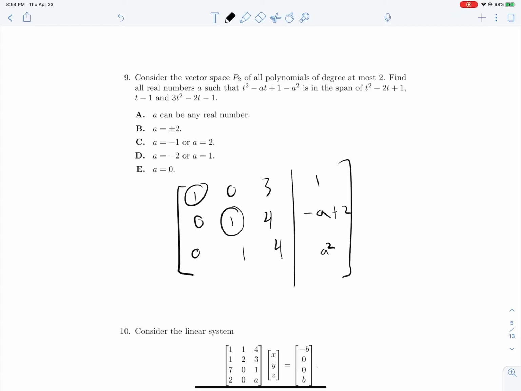So really it seems like what we need to do is make sure that this system is consistent, because if this term doesn't equal this term over here, then we can subtract row 2 from row 3, and we will get 0, 0, 0 equals something that's not 0. So that's inconsistent and no good.